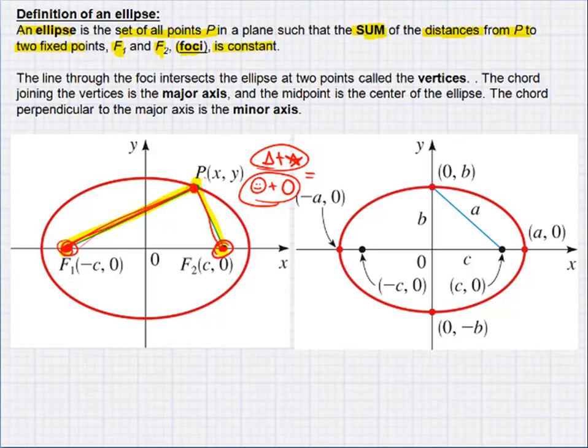Since my string is tight now, it's fixed here and here. It's not going to move, and the length of the string is not going to change. I'm then going to keep the string tight and just drag it around, and I'm going to trace out this oval shape. As I drag it around, the string is still the same length the whole time, but it's giving me this oval shape. So that's the best way to explain it.